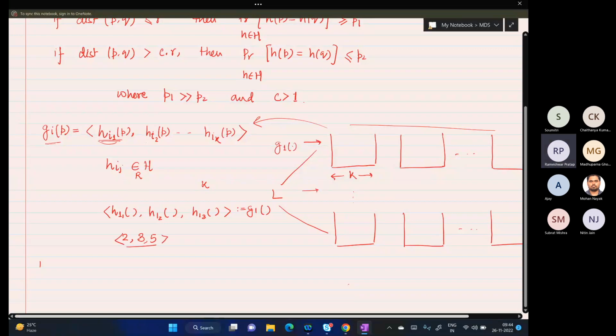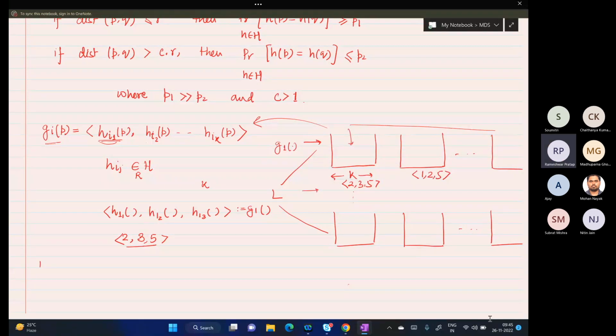So this is the ID of some bucket, say 2, 3, and 5, right? Any point whose value h11 is 2, h12 is 3, and h13 is 5 will be mapped to this bucket. Similarly for this one, maybe it is 1, 2, and 5.